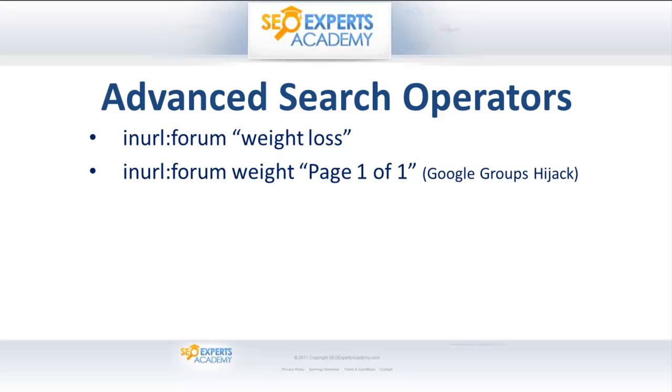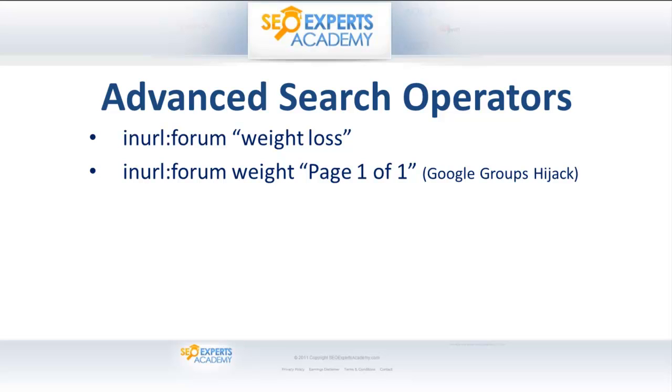And the thing is, if a forum thread has got 47 pages, you obviously can't get onto the very first page. So here I'm looking for URLs that have the word forum in the URL, that have reference to weight on the page, but also it's the first page of a thread, but it actually hasn't gone onto the second page.